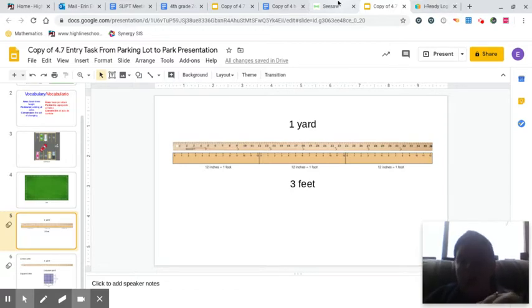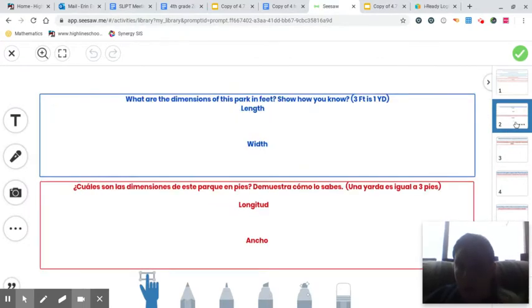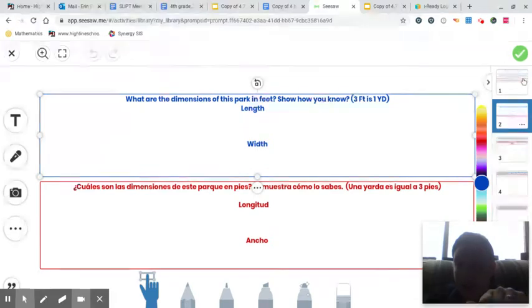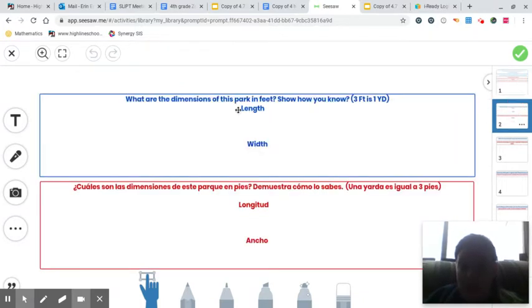So I want you to do your best to figure out how many feet are in these 40 yards. How many feet would be in these 10 yards? How long is it in feet, and how tall? So the 40 in yards, how many feet? The 10? Remember, this is a pretest. Do the best you can. I just love to see your effort.